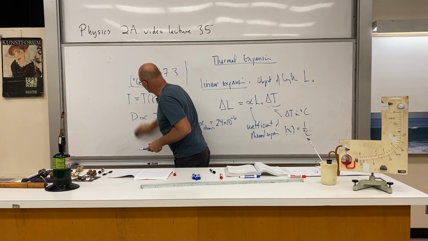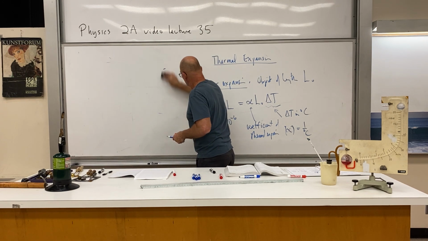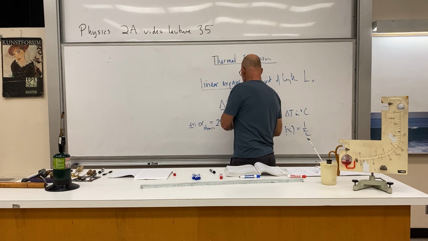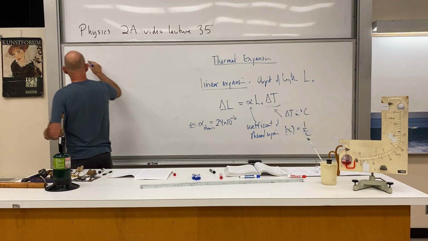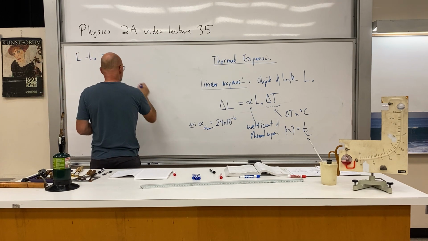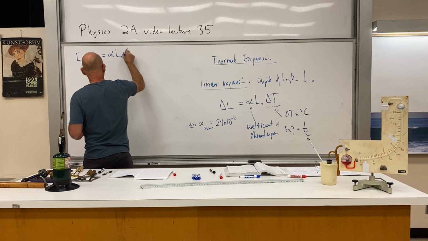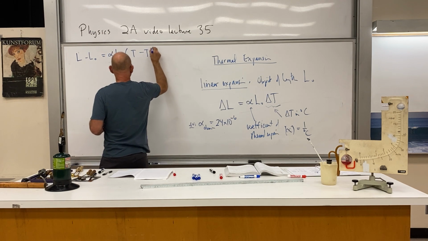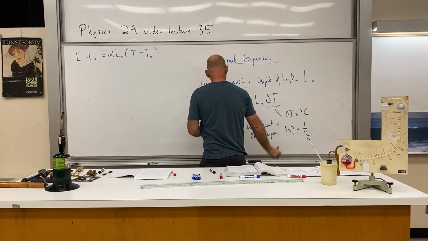You know, I should write this out a little differently as well, just for the record. We can also write delta L as L minus L0, and then we have alpha L0 times T minus T0. That's the same thing as this right here.